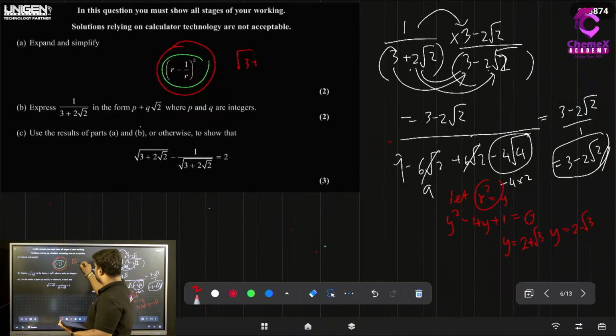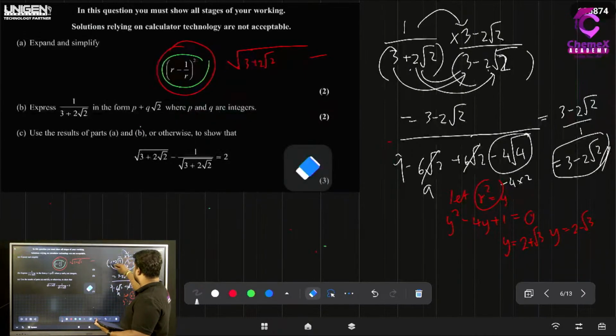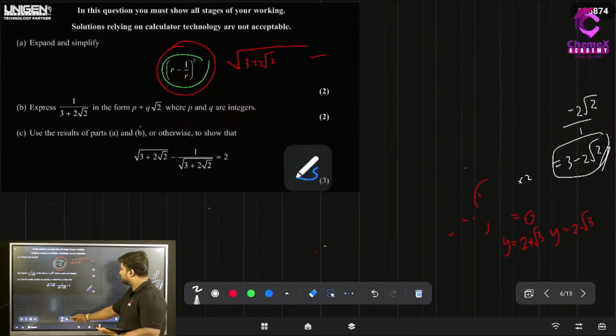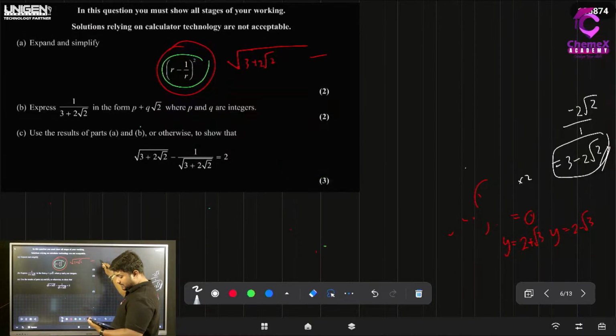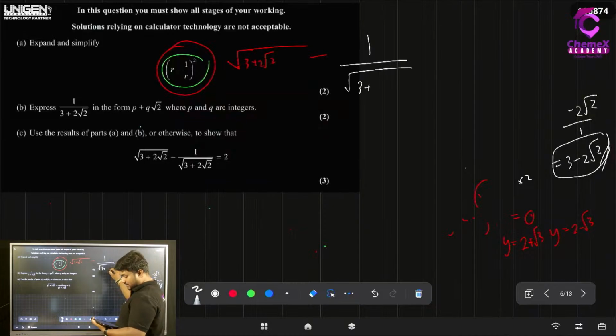Root 3 plus 2 root 2, there's a large root, minus 1 over root 3 plus 2 root 2.